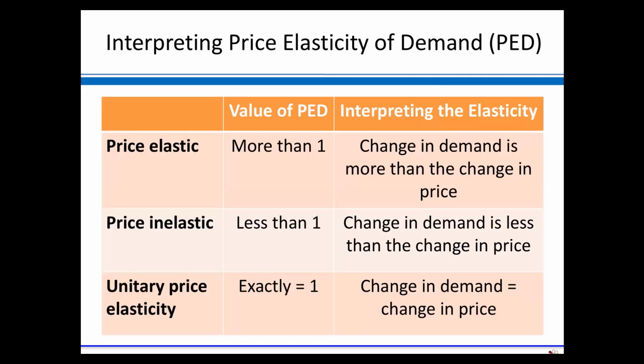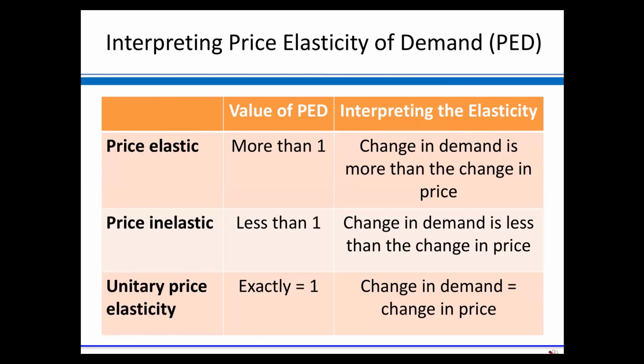Now, how do you interpret that? What does 0.8 mean? Well, this is a really useful table to remember and to consider as you calculate different price elasticities. A product is said to be price elastic if, when you calculate PED, it's more than 1, ignoring the minus sign. What this means is that if PED is more than 1, the change in demand is going to be higher than the change in price.